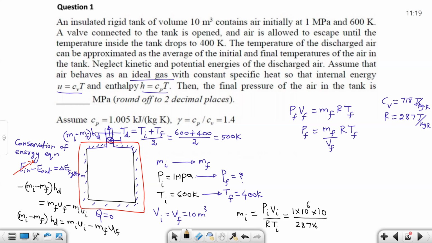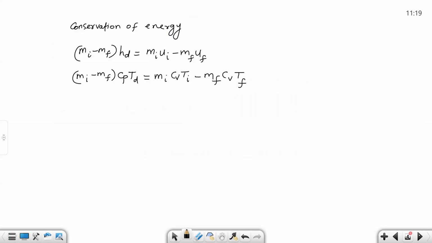T initial will be 600 Kelvin. Okay, so 58.07 that you can substitute.